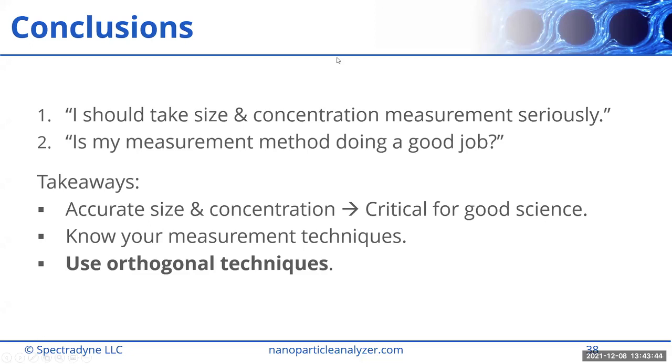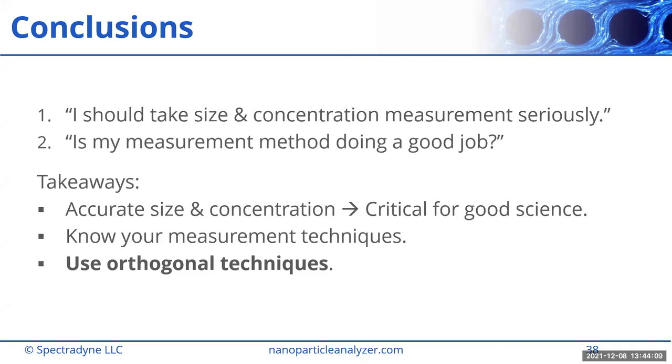Thanks, Lou. I see some good questions coming in already in the chat. That's great. I guess we'll put those all at the end. So let me just wrap up real quick. I hope we've gotten you to consider two questions about your science. One is that size and concentration measurements are really important, so it's important to measure them accurately.